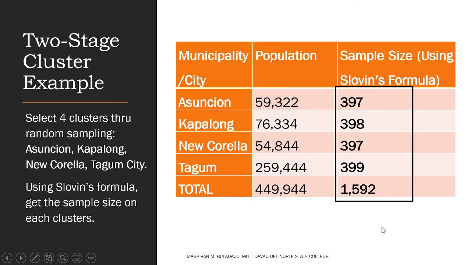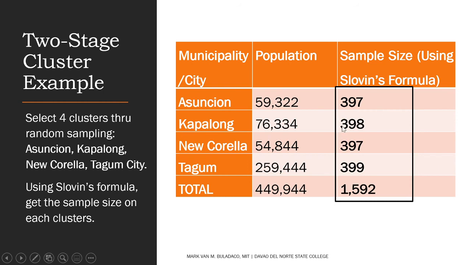So as you notice, it is relatively small. So it is still acceptable because it underwent a systematic cluster sampling, and 1,592 is acceptable as the sample size from the 1 million population of Davao del Norte.